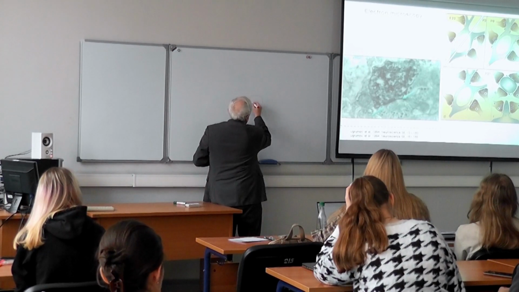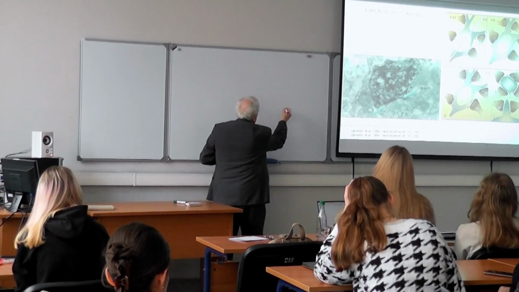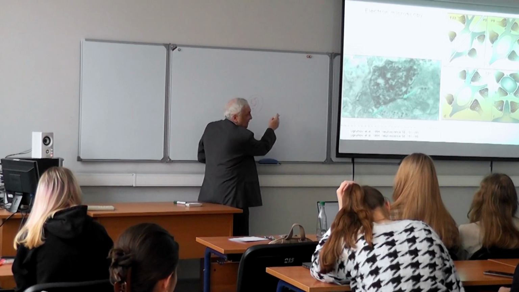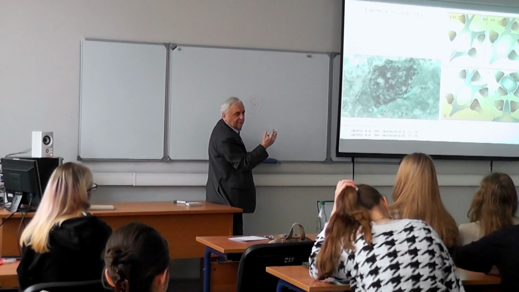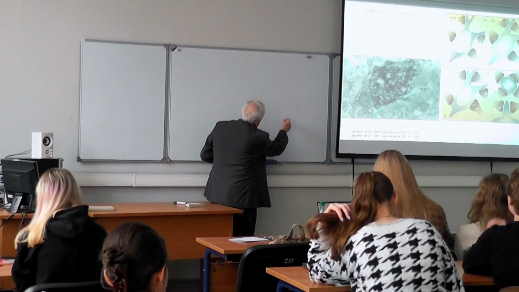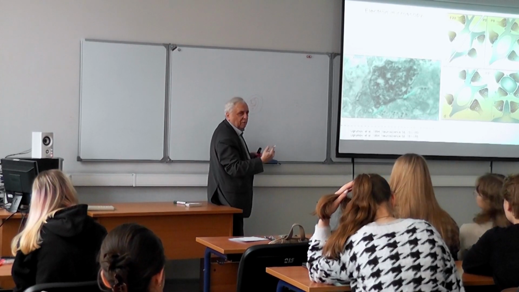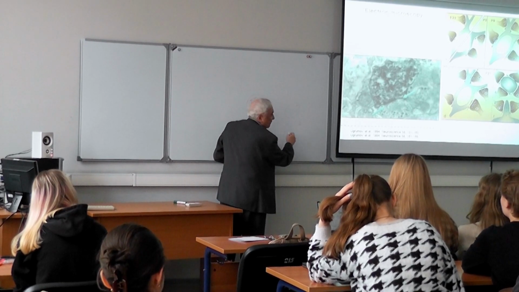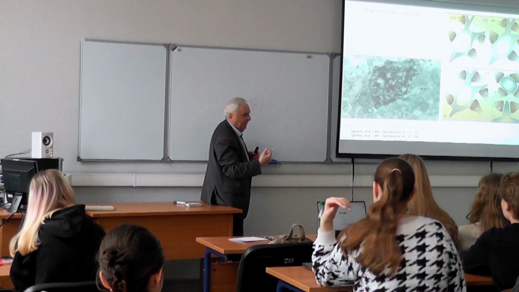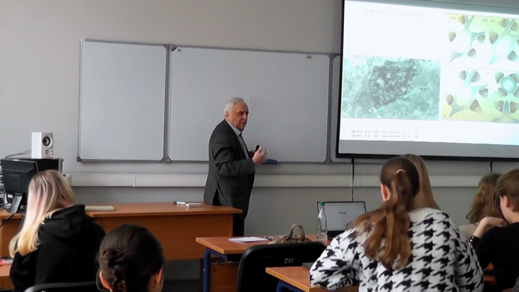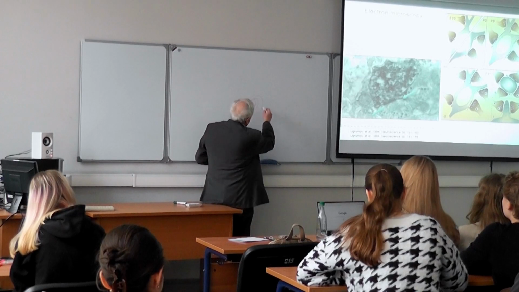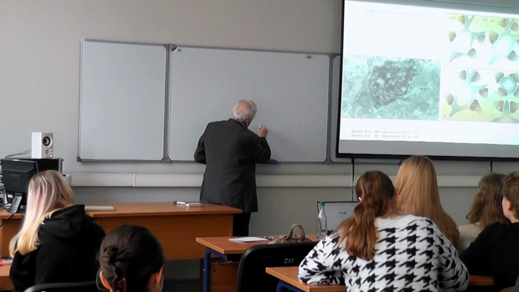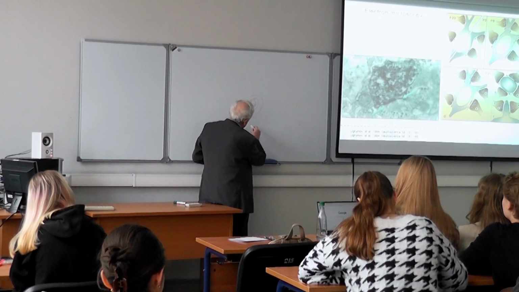This is a dense core vesicle, and this is a small vesicle. Here and here, there is neurotransmitter inside. When there is an activation of the neurons, first neurotransmitters are released from these synaptic vesicles by exocytosis. But if there is a long-term stimulation, these dense core vesicles begin to give rise to small vesicles, like this.